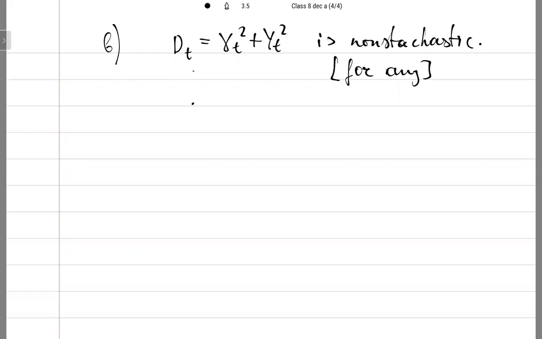So to solve point B, we cannot refer to our solution. We need to refer to the original equation. Do you understand why? We just cannot plug in our solution in xt and say, whoa, the Wiener process cancels out.